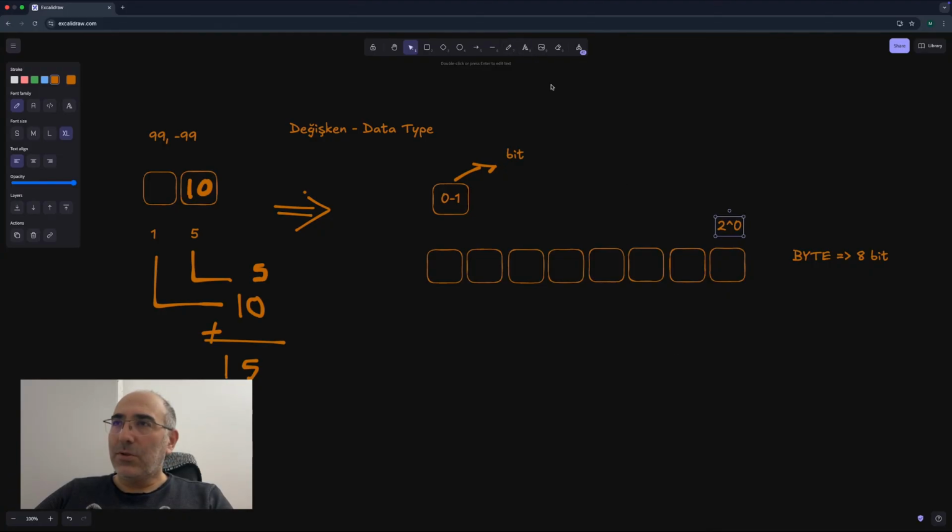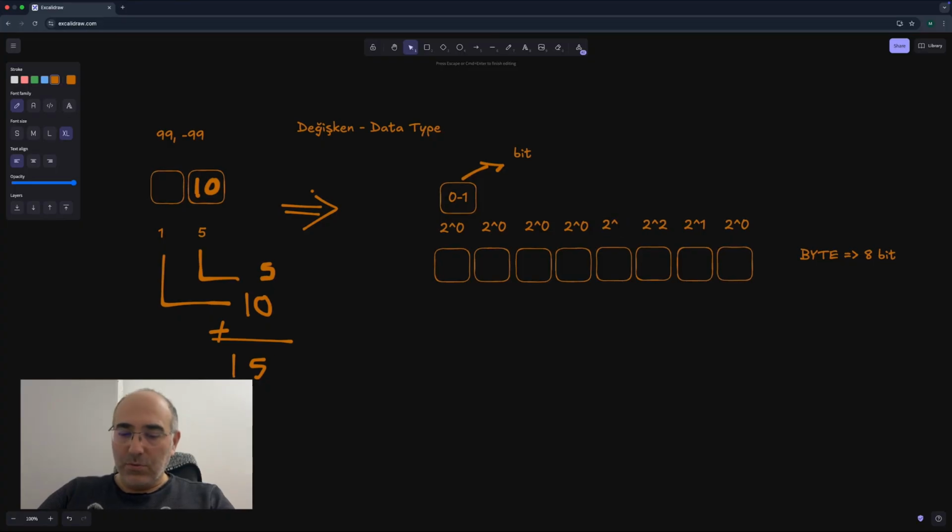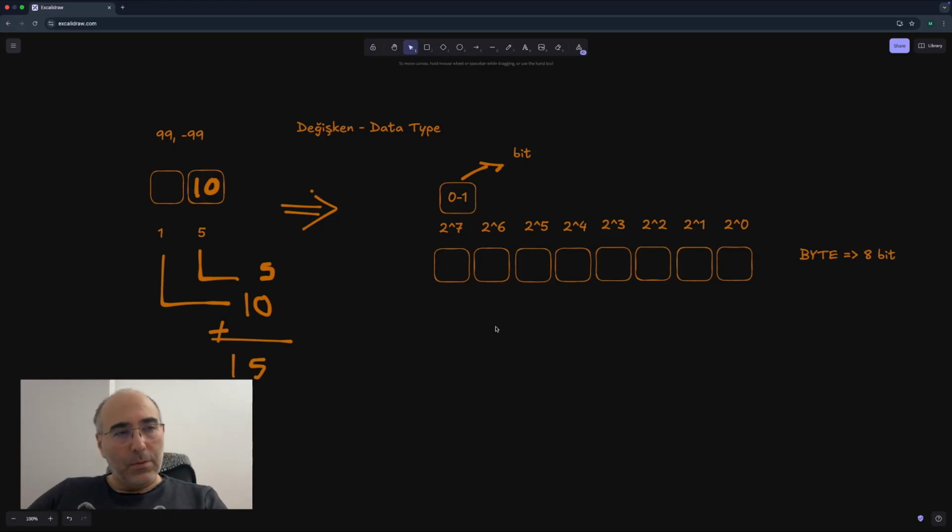I'll explain this to you in a bit, in a clearer way. 2 to the power of 1, 2 to the power of 2, 2 to the power of 3, 4, 5, 6, and 7. So, what are they? 2 to the power of 1, 2 to the power of 2, 2 to the power of 3. Now, teacher, where did you get this from? Look, let me show you where I got it from.